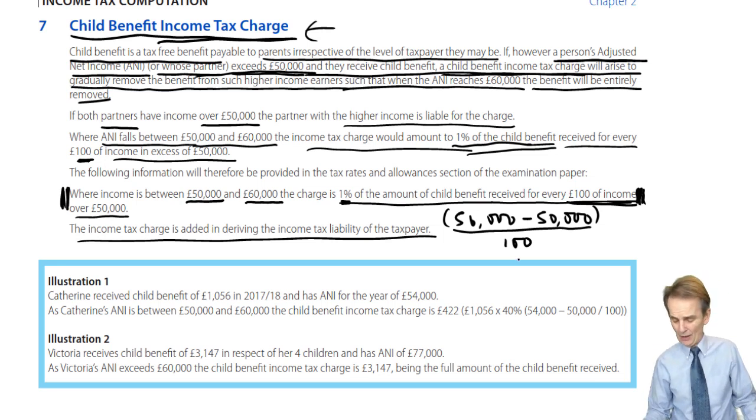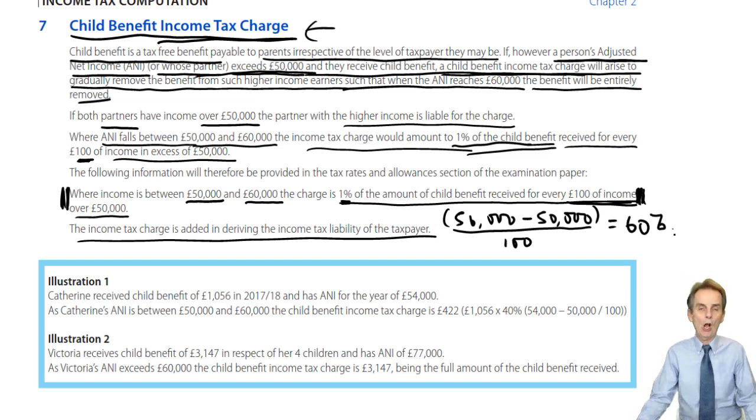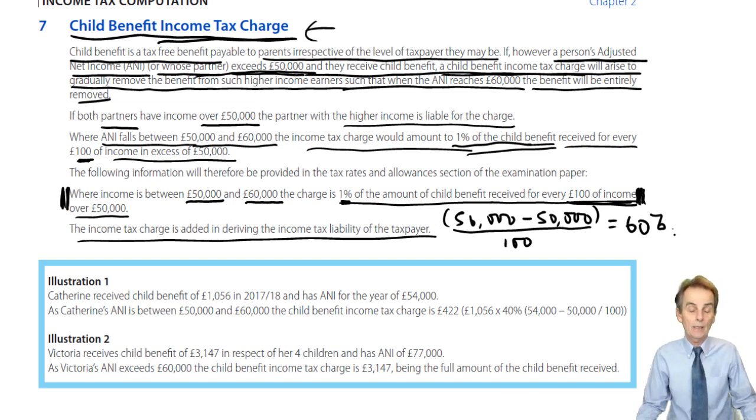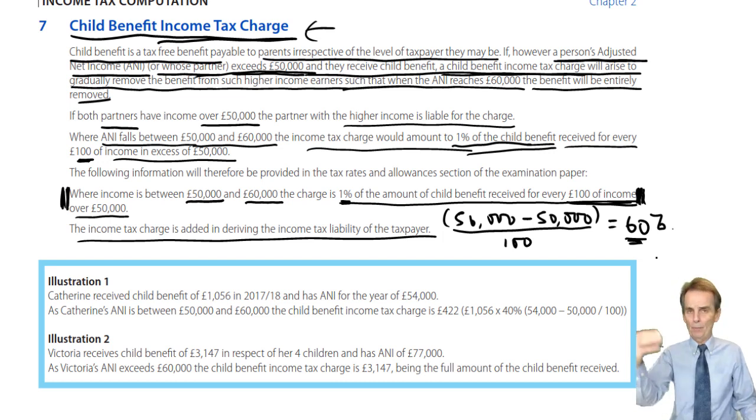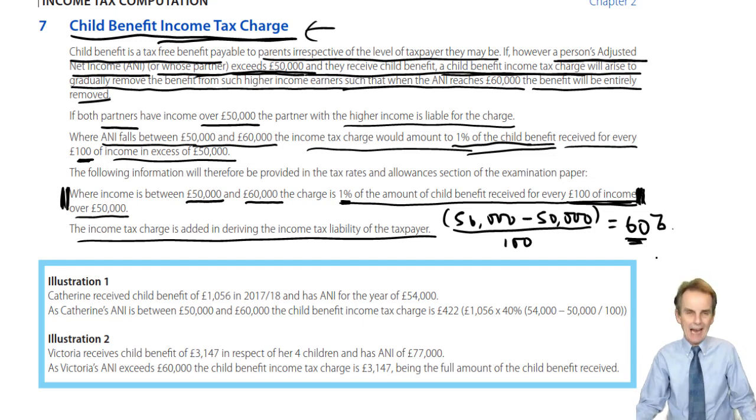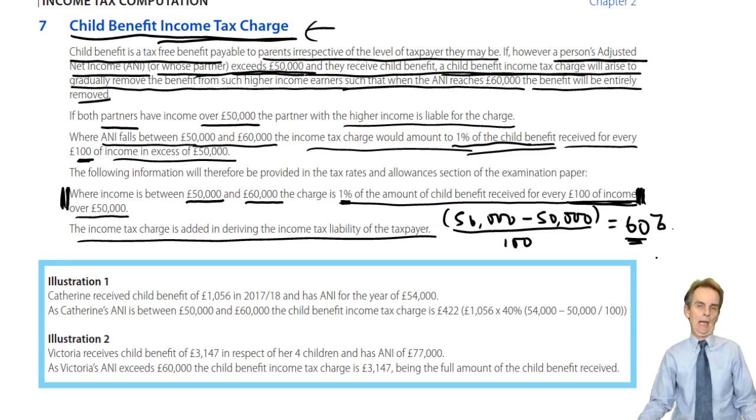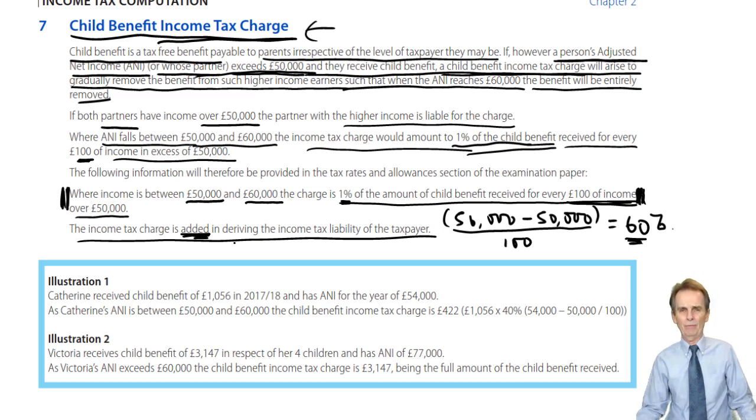So 6,000 divided by 100 equals 60%. So your child benefit income tax charge will be, take the child benefit received, given within the question, and multiply it by 60%. And that figure of tax will be added in to your normal basic rate, higher rate, additional rate if necessary. It'll be added in deriving the income tax liability. Notice here, this is added, not a deduction as we've seen before, but an addition in deriving the income tax liability of the taxpayer.